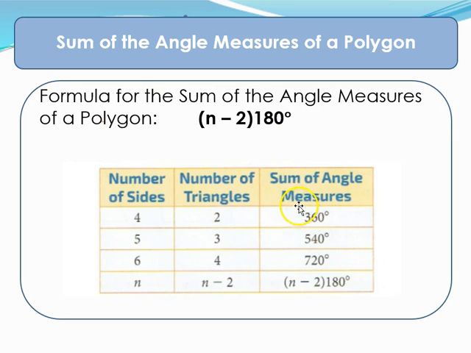We had 2 formulas in Chapter 6 that were very important. One was the formula for finding the sum of the angle measures of a polygon.